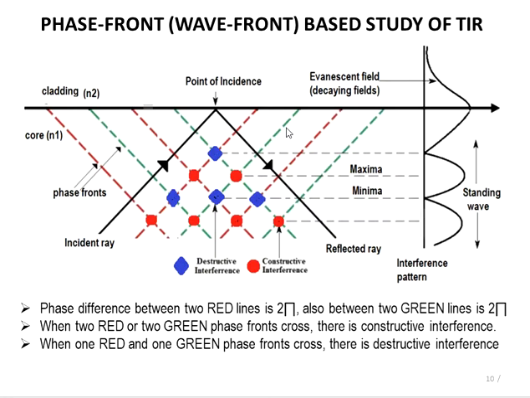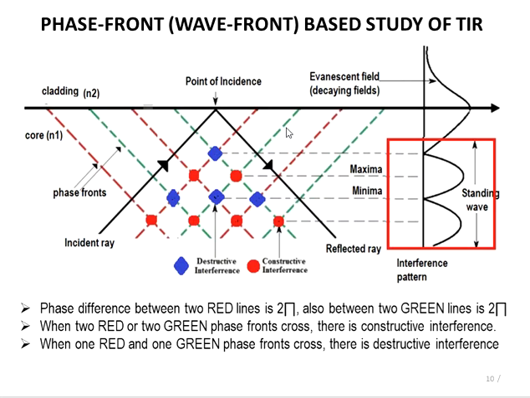This phase change depends on the refractive index of core, the refractive index of cladding, the wavelength of the light, and a few other parameters. Whenever there is constructive and destructive interference inside the core, a pattern of maxima and minima will be created. These intensity patterns are called standing wave patterns.